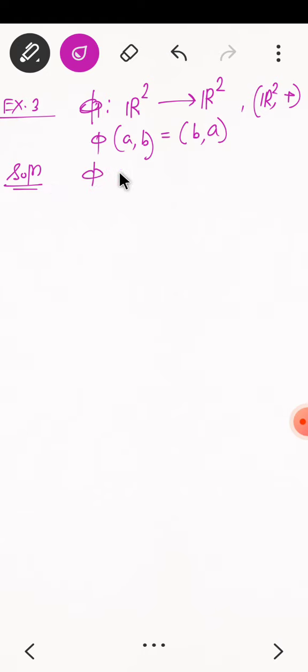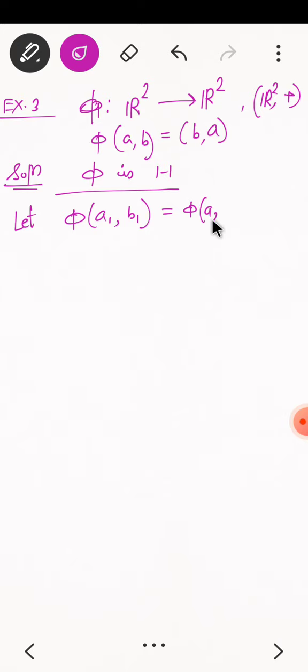So for that, first we prove phi is one-one and well defined. Let phi of (a1, b1) equal phi of (a2, b2).